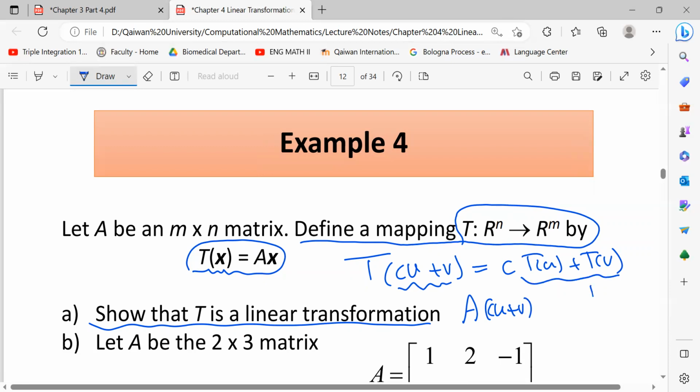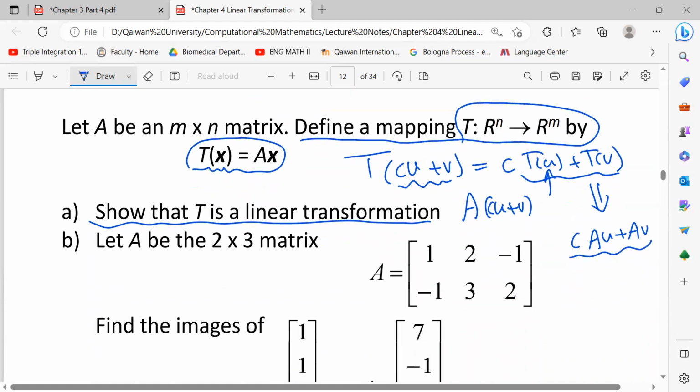The right-hand side equals C times AU plus AV. Between these two, what's common? A. If we take A, what do we get? We get CU plus V. Is this equal to the above one or not? Yeah. So we showed that both sides are equal. And it satisfies the condition of linear transformation. So the mapping is a linear transformation.